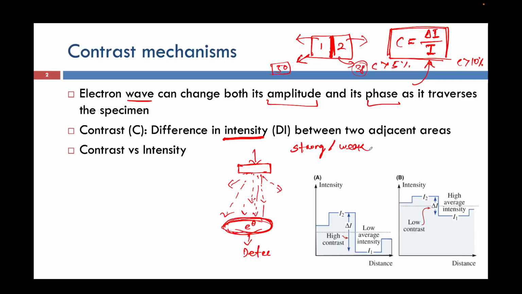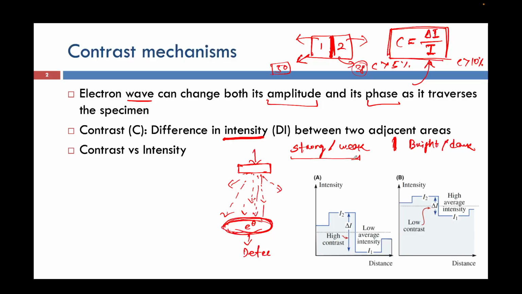However, when we are talking about intensity, we say it is a bright intensity or a dark intensity. We never say that the contrast is a bright contrast or a dark contrast. No, the intensity will be bright or dark. However, the contrast always refers to either a strong contrast or a weak contrast.